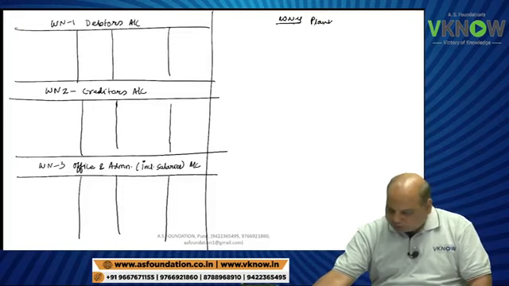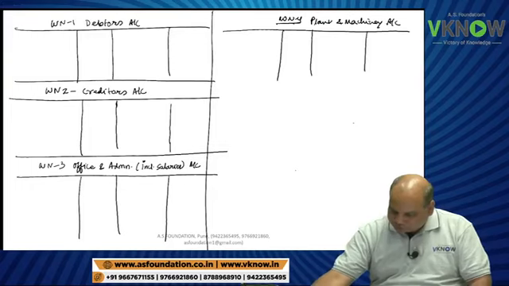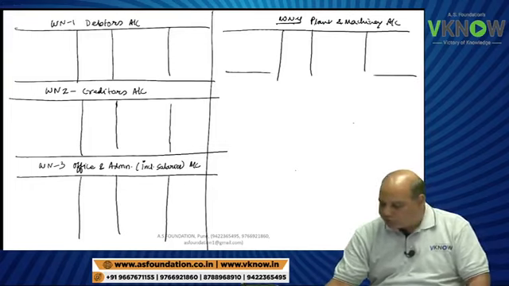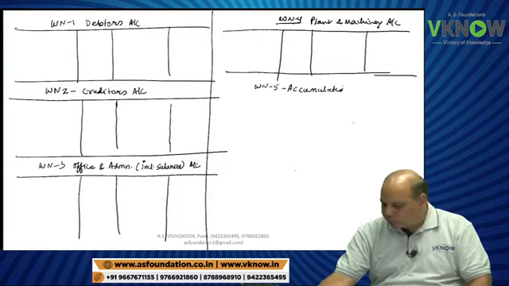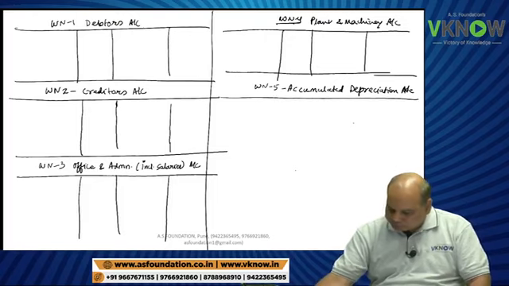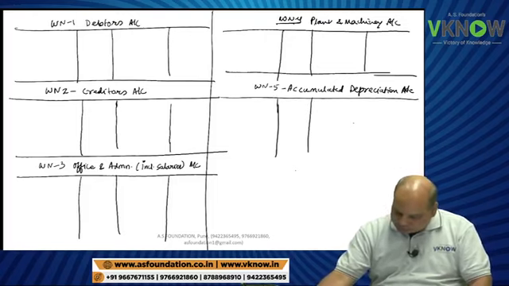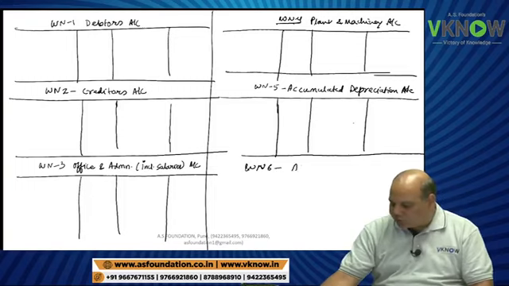Plant and machinery account, about 6 lines. Then working note 5, accumulated depreciation account, and working note 6, asset disposal account.